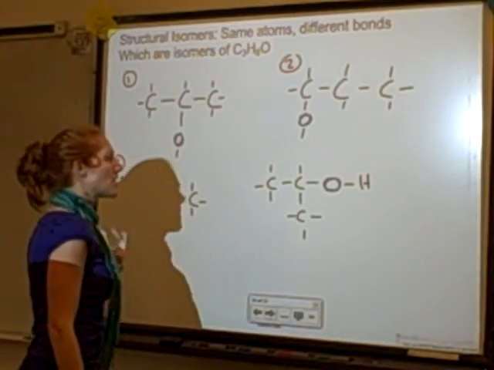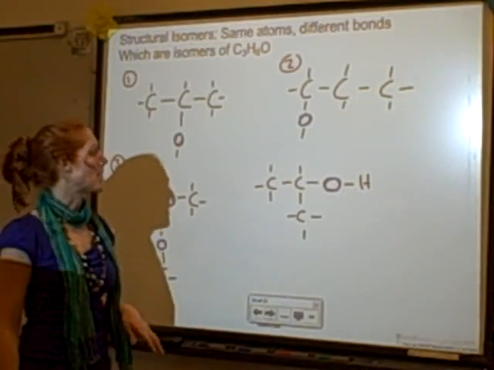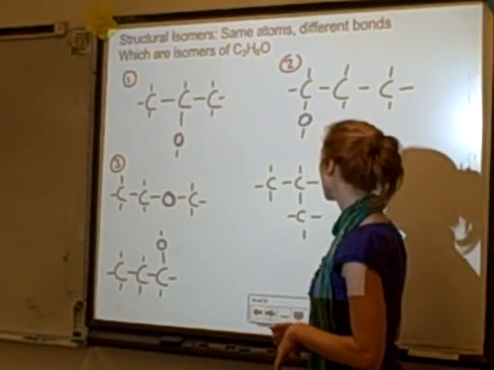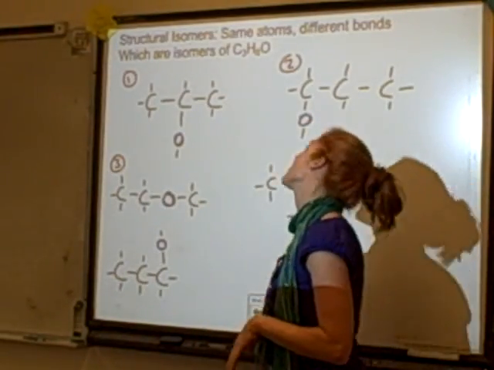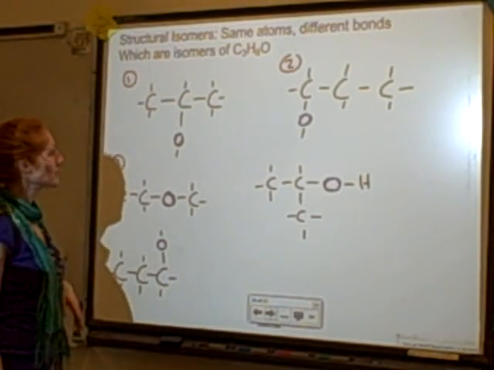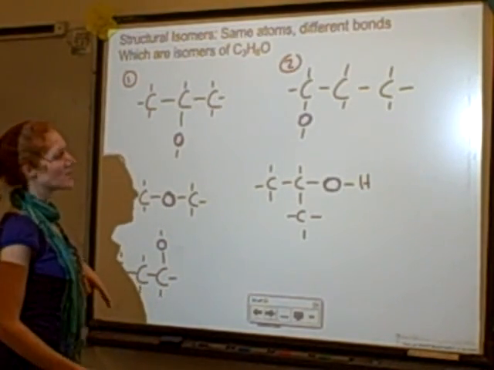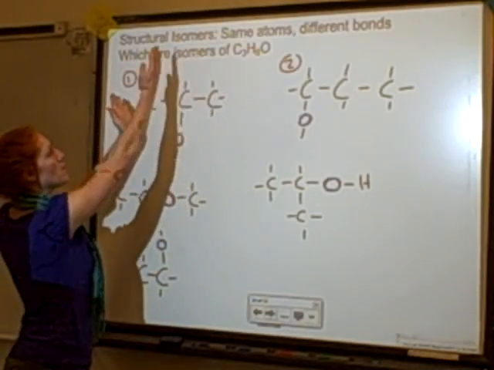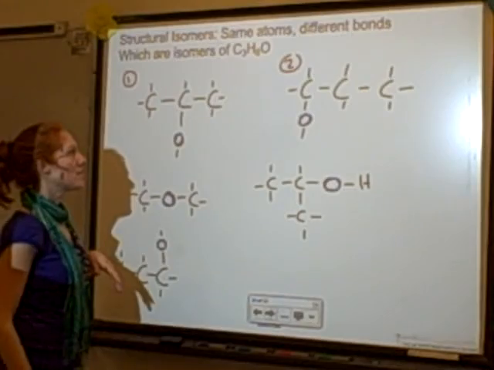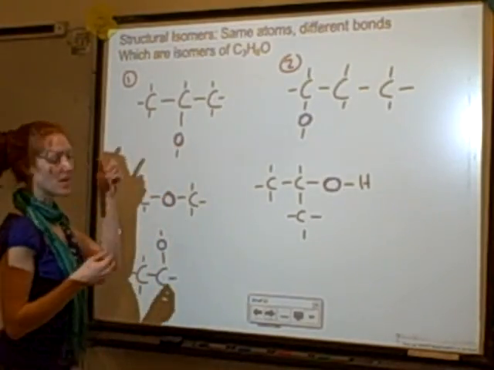It's just different because this one bent a little bit. You can just see that this guy bent up, and then it rotated a little bit. So that's it. It's the same molecule.